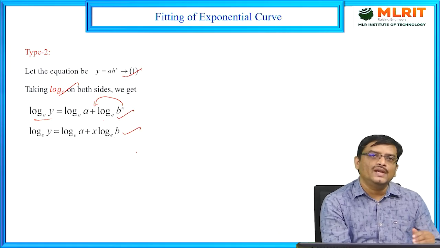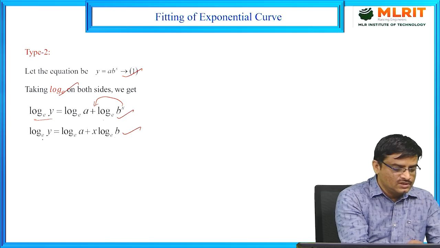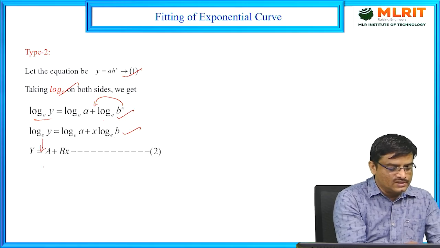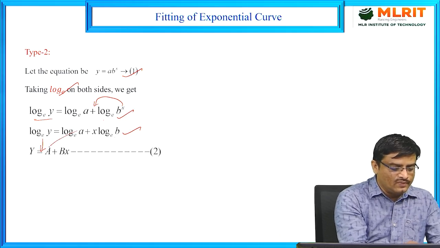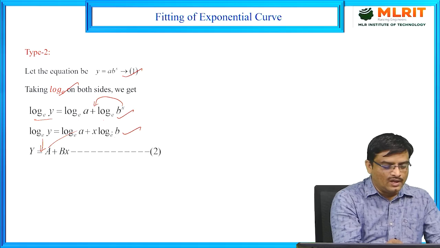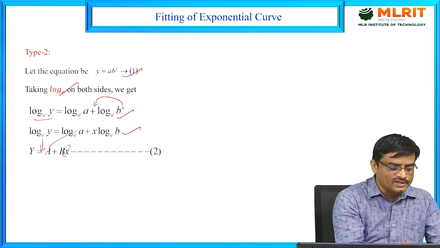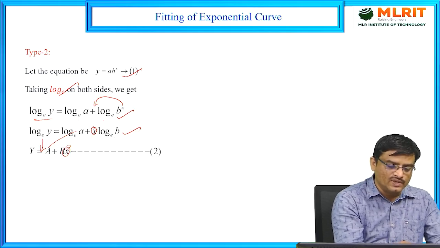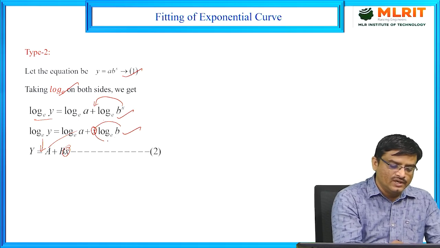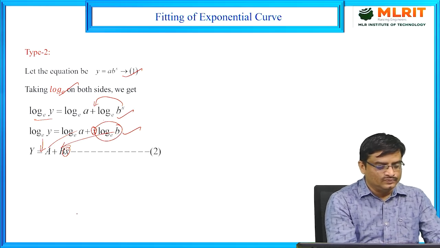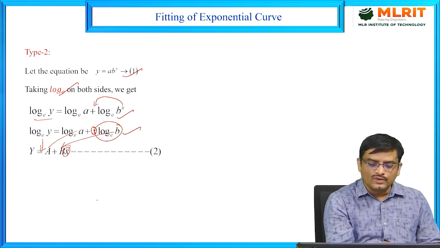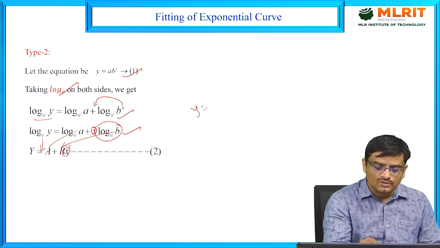So you will replace that log with capital letters. Log y will be replaced with capital Y, log a with capital A, and x, you keep that x as it is because we have a small x, so keep that small x as it is. And now log b to the base e, replace with capital B. So once again this is also of the form y is equal to a plus bx.